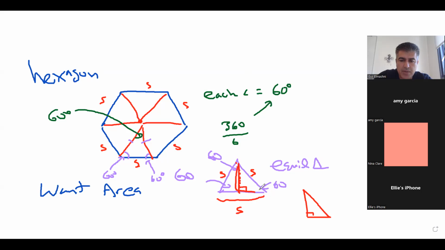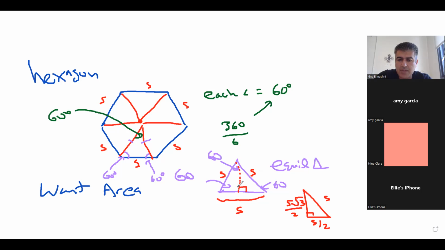Here you got a right triangle. That's S over 2. That's S. This will be S root 3 over 2. And that's using the 30, 60, 90 ratios, or if you did the Pythagorean theorem.